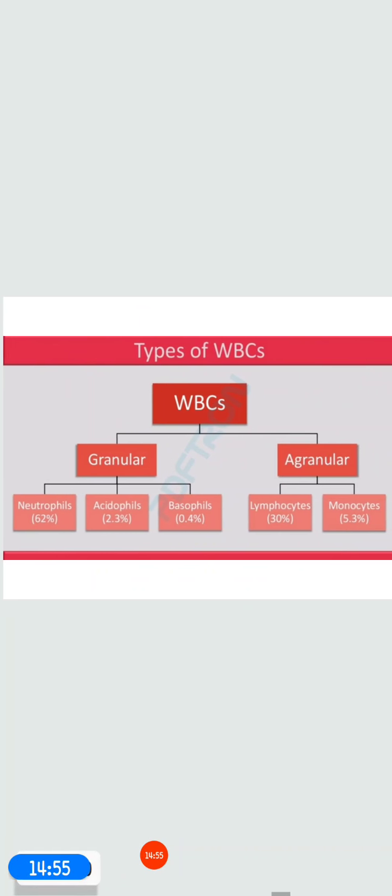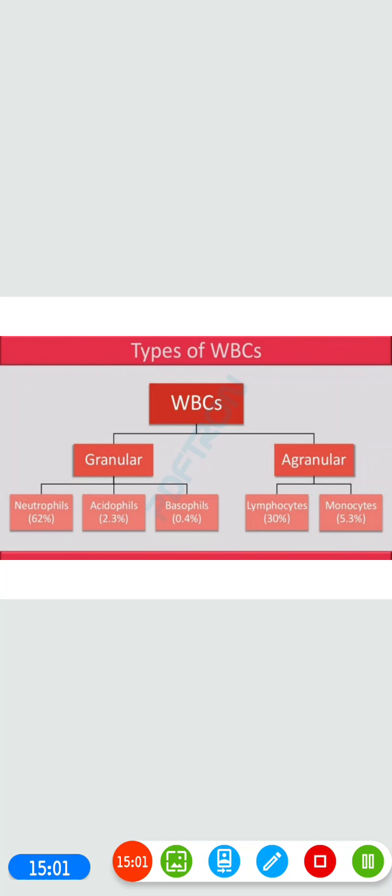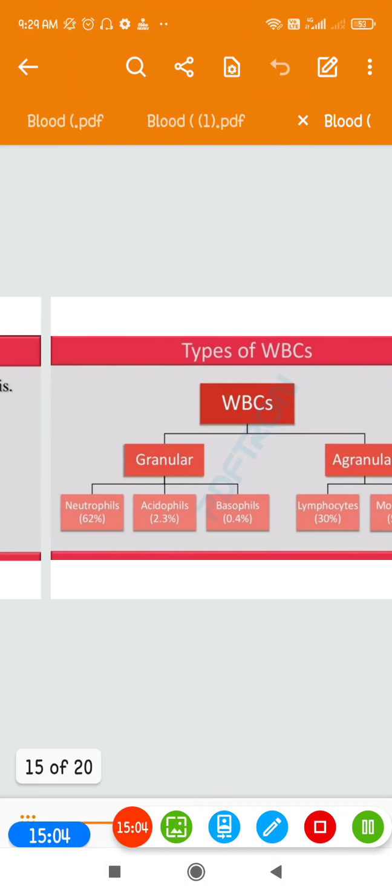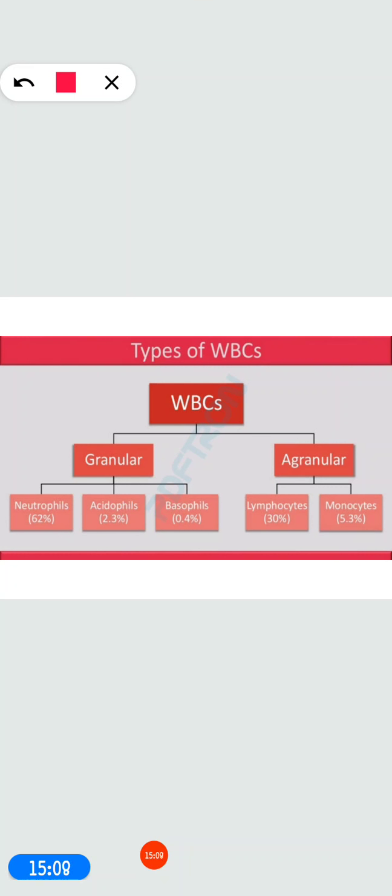Now I come to the types of WBC. WBC are mainly two types. First is granular and the second is agranular. Granular contains three types: neutrophils, acidophils and basophils.